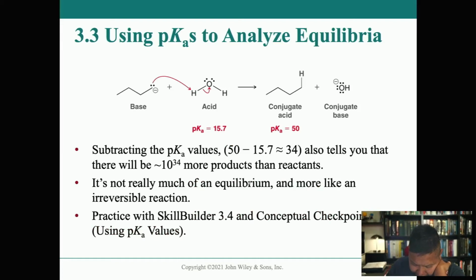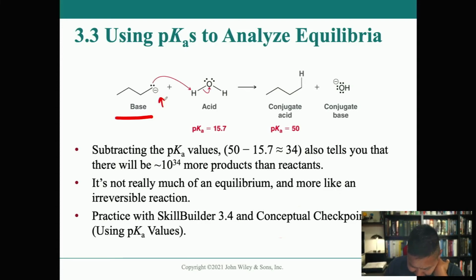So in this case, we have a base here, which is literally a 1, 2, 3, 4, a butane carbanion. And I'll tell you now that this guy here does not like being without a proton. It really does not like being without a proton.